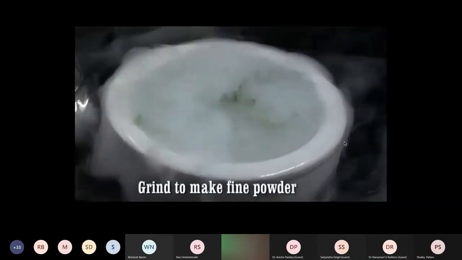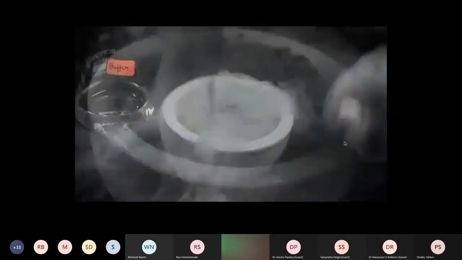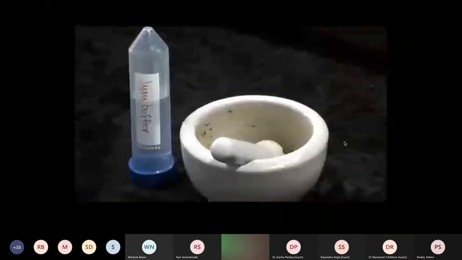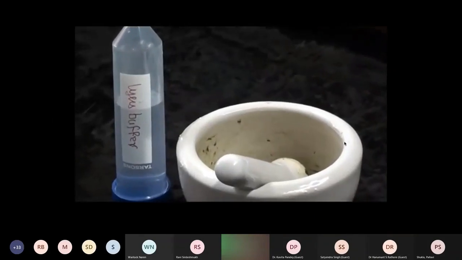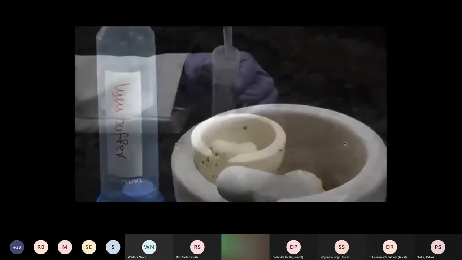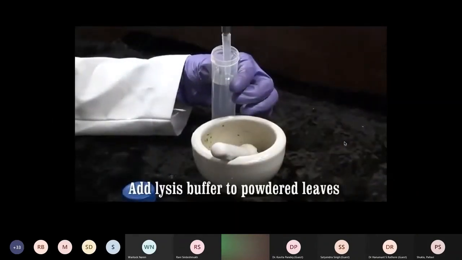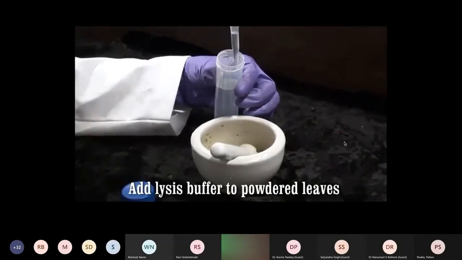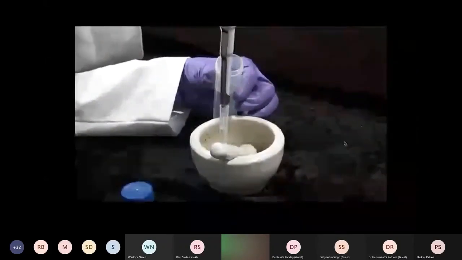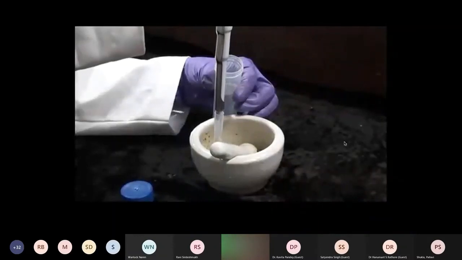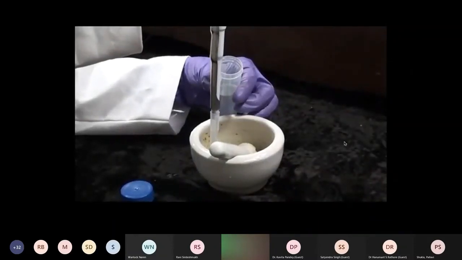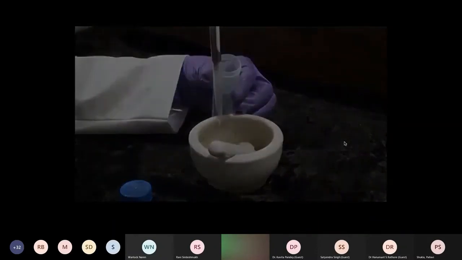Grind the leaves well using a pestle to obtain a fine powder. To this powder, add around 0.5 ml of lysis buffer containing trichloroacetic acid, acetone, and dithiothreitol, and grind it well until a fine paste is obtained.